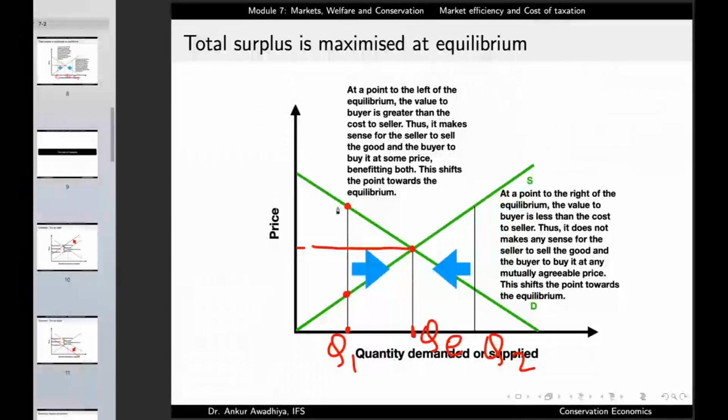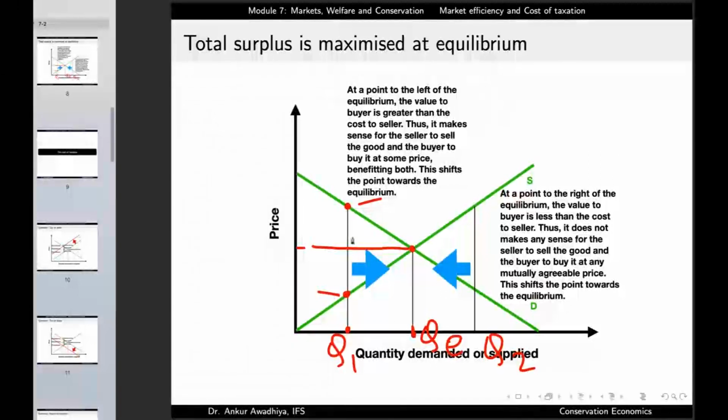So, at any point to the left of the equilibrium, such as this point Q1, the value to the buyer, which is this, is greater than the cost to the seller, which is this. Thus, it makes sense for the seller to sell the good to the buyer, and for the buyer to buy it from the seller at some price that will benefit them both.